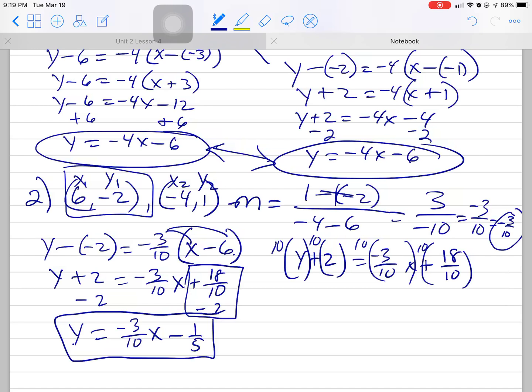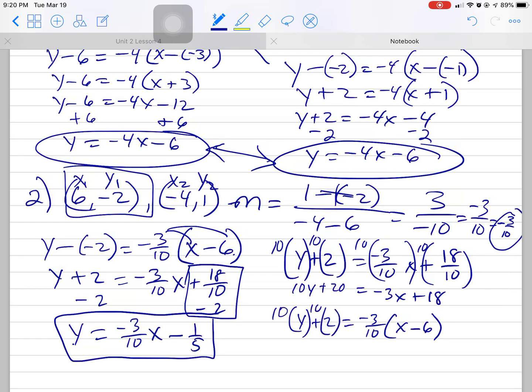If you already distributed, I could do it back up here. Hang on. This would be 10y plus 20 equals negative 3x plus 18. Or, you know what, if I cleared it here, I can multiply this by 10, this by 10, and this by 10, not that. Okay, you're going to get 10y plus 20 equals negative 3 that you will then have to distribute, okay? I don't know if I have enough room to do all this.